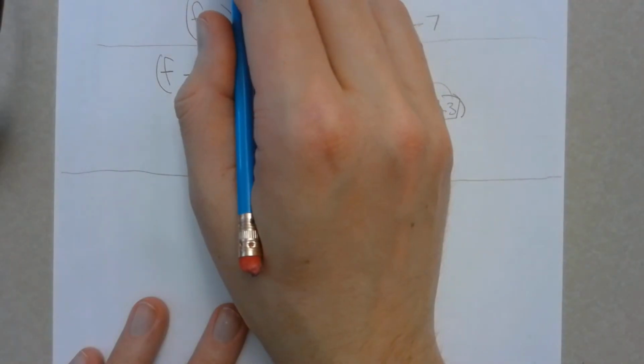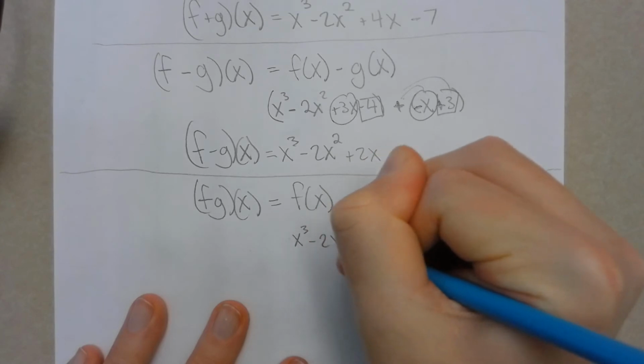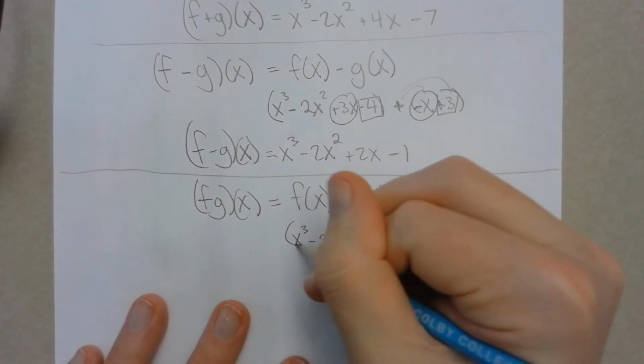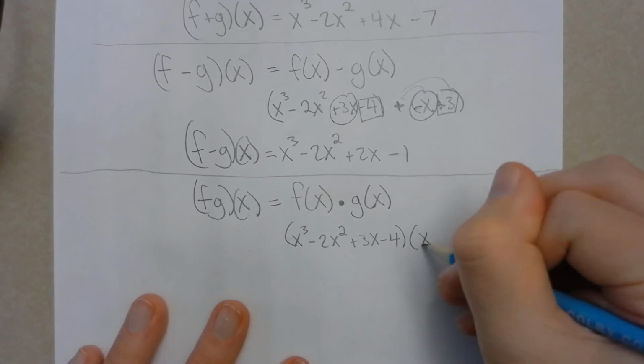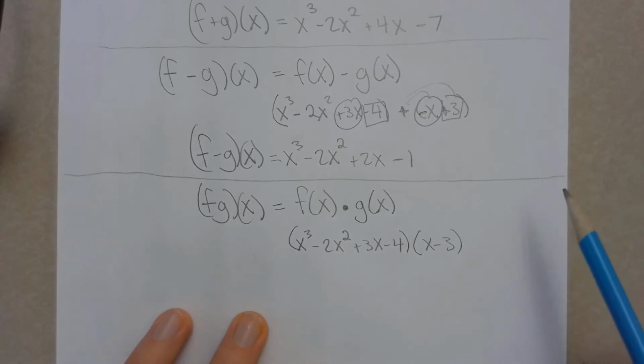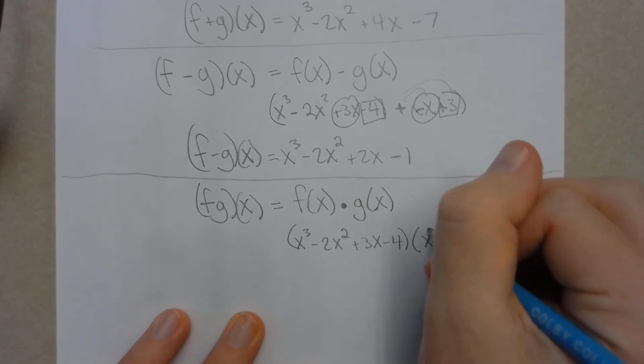So we're going to go ahead and just do x cubed minus 2x squared plus 3x minus 4 times x minus 3. Okay, then this is just some polynomial multiplication, distributive property.